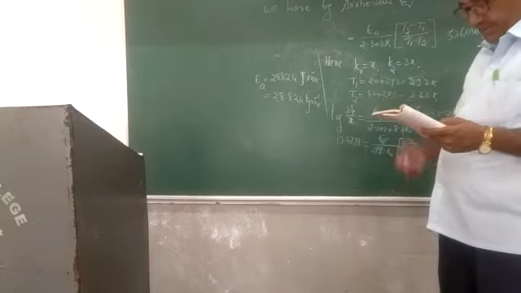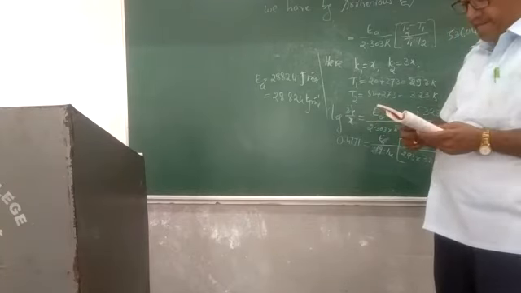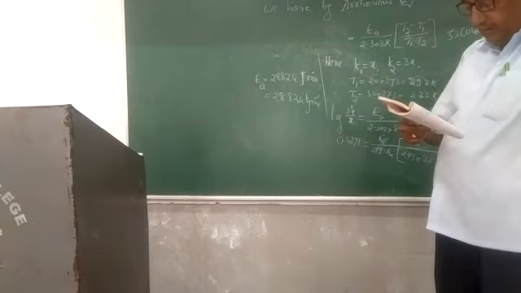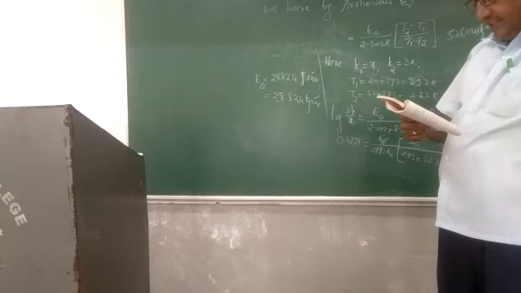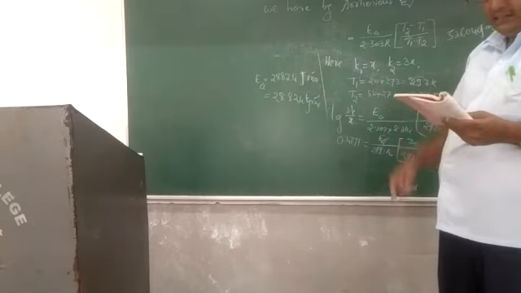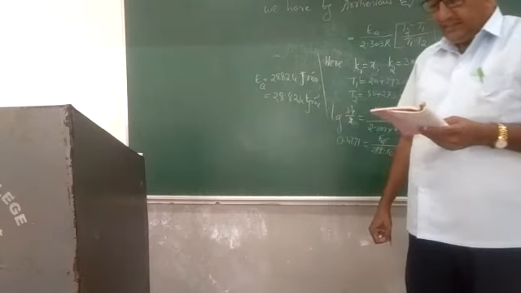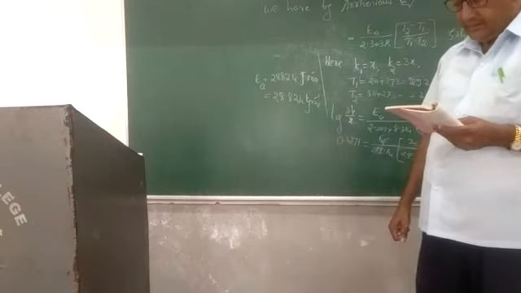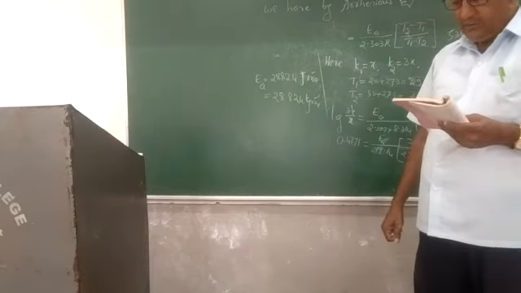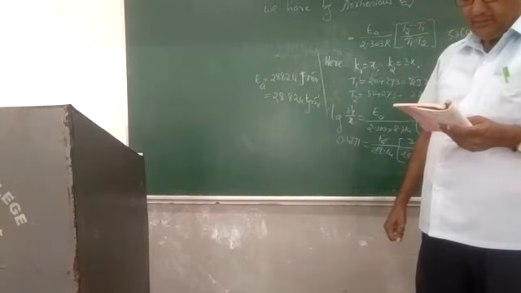Then take another example for homework. For a first order reaction, the rate constants are 3.20 into 10 to the power minus 4 per second at 600 Kelvin, and 1.60 into 10 to the power minus 2 per second at 1200 Kelvin.